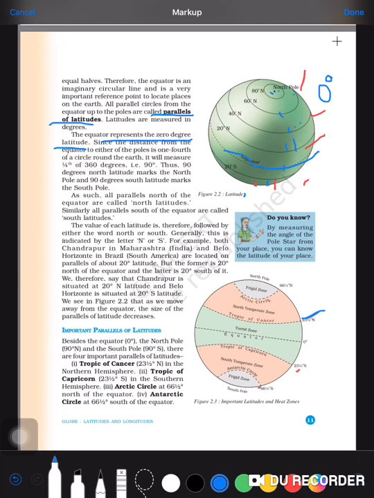Tropic of Cancer, Tropic of Capricorn, Arctic Circle near the North Pole, Antarctic Circle near the South Pole. These are some, and this is the equator. Look, here it is written 0 degree. This is the equator. It is written 0 degree latitude.